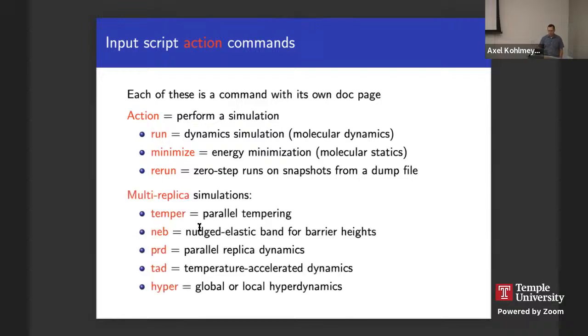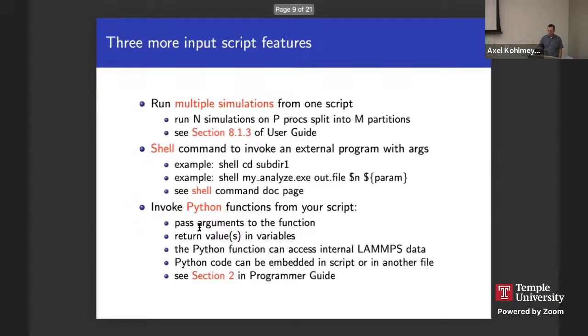There's also multi-replica simulations, parallel tempering, nudged elastic band, parallel replica dynamics, temperature accelerated dynamics, and global or local hyperdynamics. So these are allowing you to do multiple replicas at the same time, and so very useful.